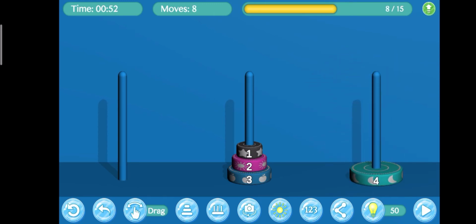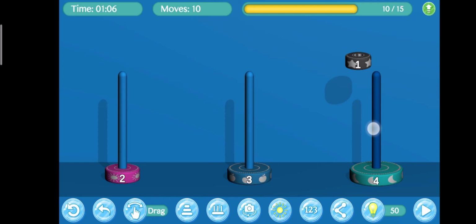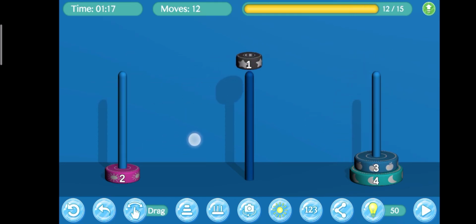Then let's move the first disc on the top of the fourth disc. Then let's move the second disc on the first rod. Let's move the first disc on the first rod. Let's move the third disc on the third rod, and let's move the first disc on the middle rod.